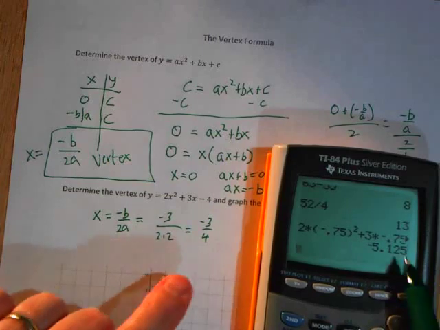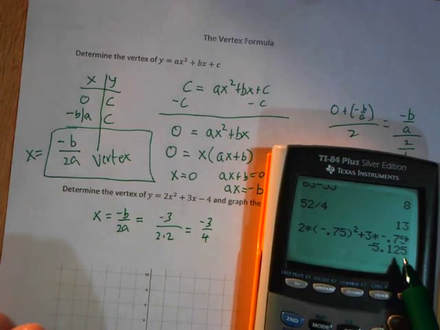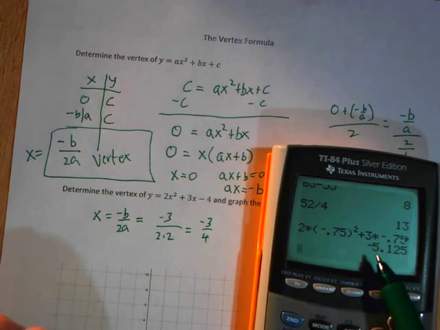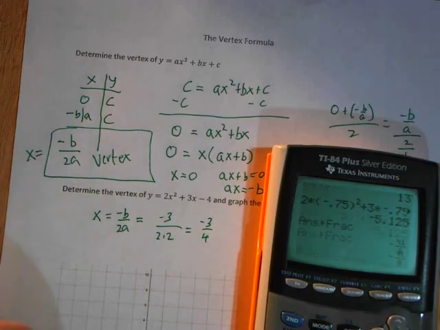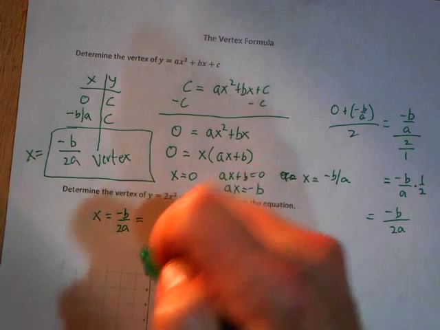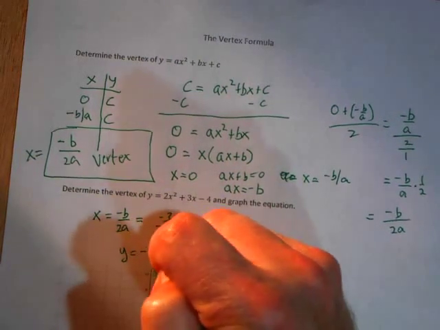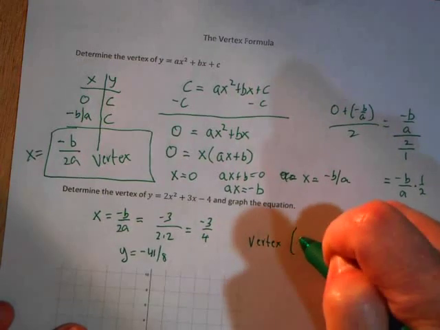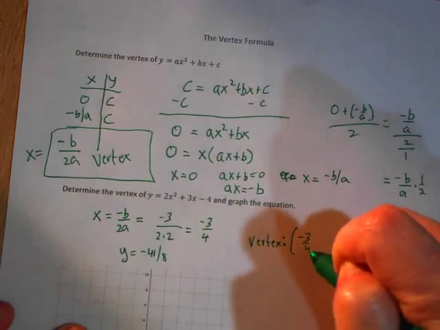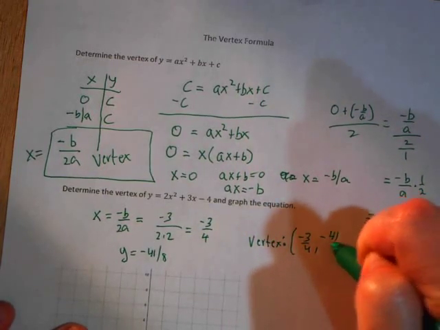However, I'm not going to leave my answer as a decimal. I'm going to convert that to a fraction, but I'll recognize that it's a little bit smaller than negative 5. Negative 41 over 8. So my vertex is negative 3/4, negative 41 over 8.